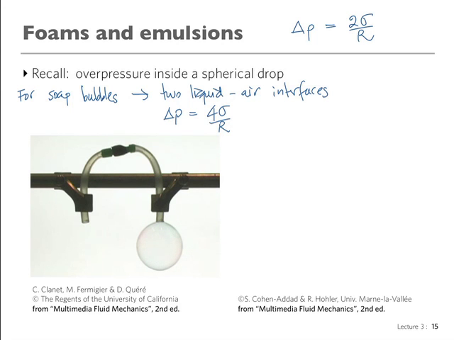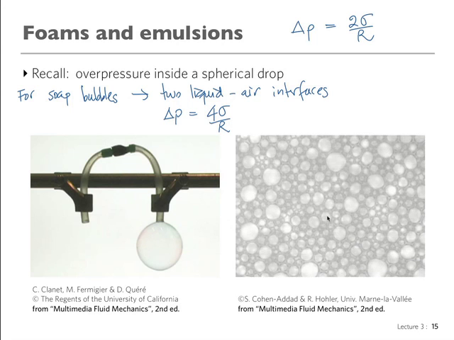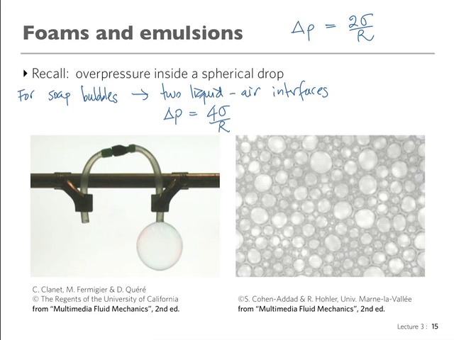Because pressure in the smaller bubble is larger than the pressure in the large bubble, there is a flow of air from the small bubble to the large bubble. And that makes the small bubble grow smaller and the large bubble grow larger. Make sense? That's right. So that's really what happens in foams and emulsions.